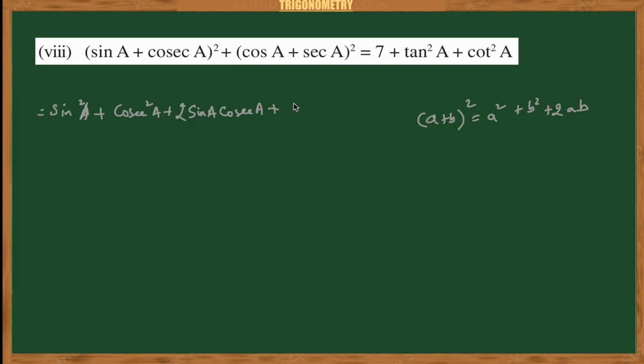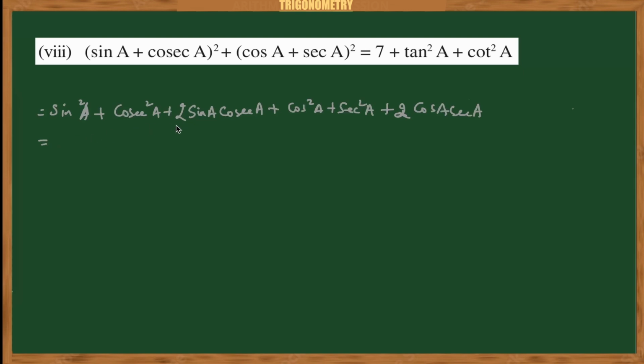So a square is cos square A plus secant square A. Let's erase this for the time being. So a square plus b square plus 2, a is cos A, b is secant A.